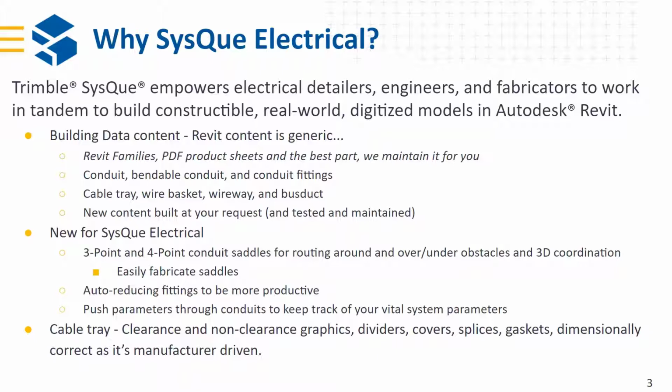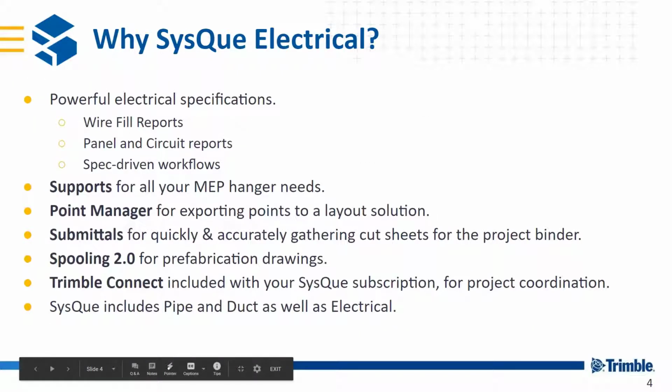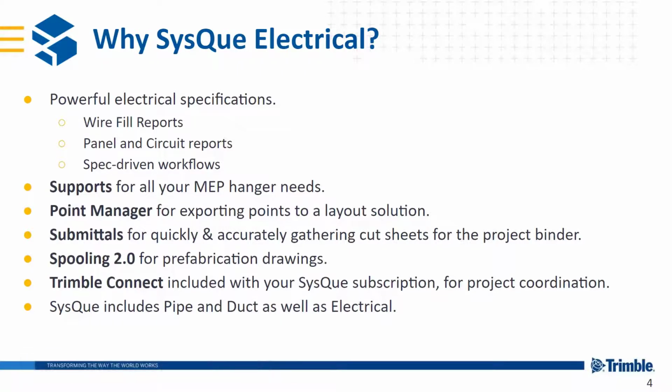It comes with clearances, dividers, covers, splices, and everything is manufacturer driven. In SysQue, we have powerful electrical specifications that allow us to generate wire fill reports, panel and circuit reports, and our specification driven workflows. So you change the spec and everything updates for you in the model.